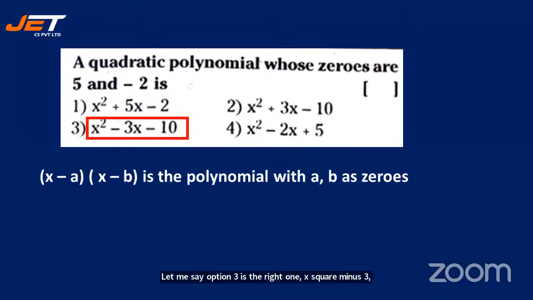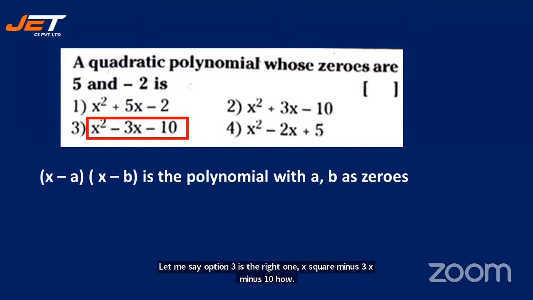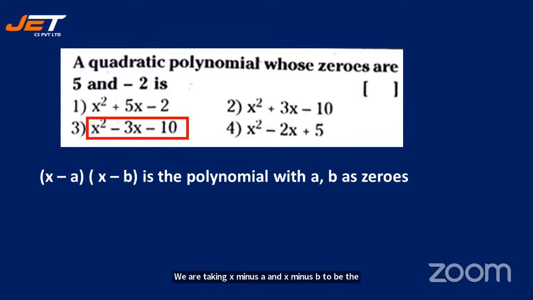How? We are taking x minus a and x minus b to be the polynomial with a, b as zeros. What happens if a and b are 0? Then we'll never have a quadratic equation at all.